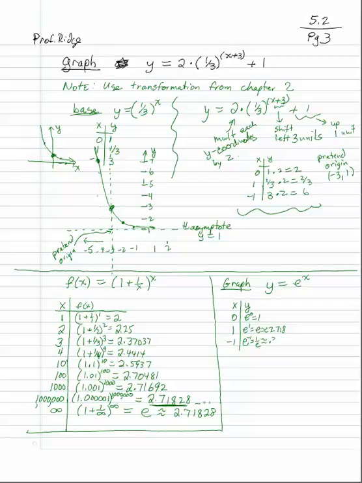Well, we'll just do 0.37. Is e between 0 and 1, or is it bigger than 1? Is it going to be an exponential growth curve or an exponential decay curve? Hopefully you're saying exponential growth, because it's bigger than 1. It's about 2.718. It's an irrational number, just like pi is an irrational number.